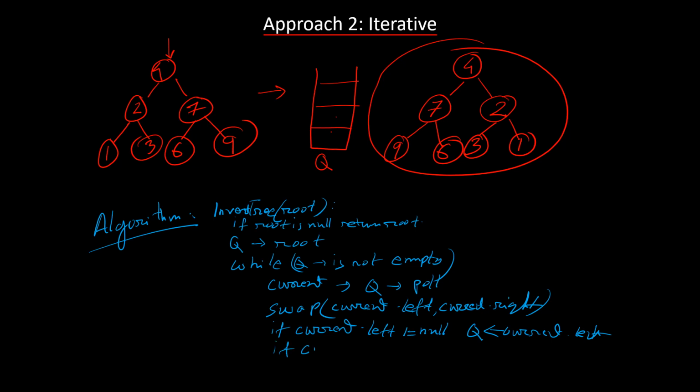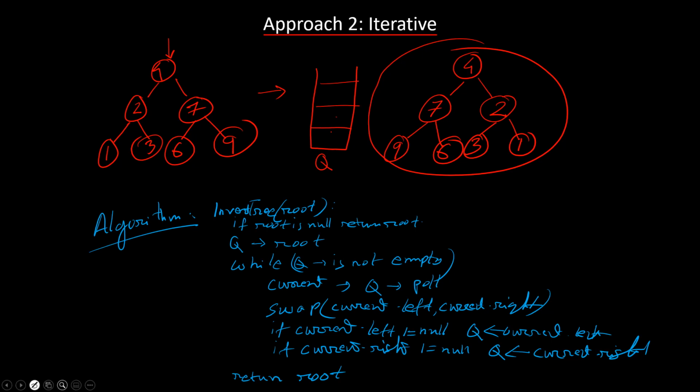Similarly, if right is not null, we can add to the queue. So this will repeat until the queue is empty. Then finally return root. So this is our algorithm, right?